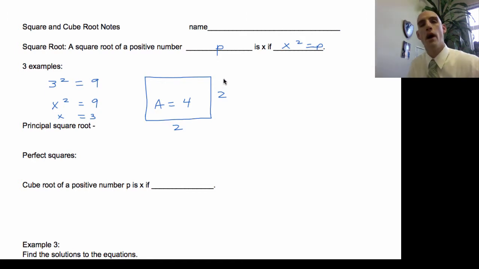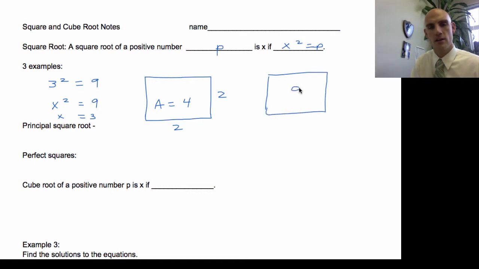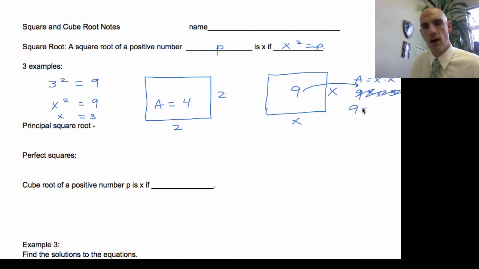Well, square root, meaning if I have a box and the area is 9, and I know that x is one side and x is also the other side, what two numbers are going to multiply together to get me 9? So I know that the area equals x times x, which is 9. Oops, 9 equals x times x.